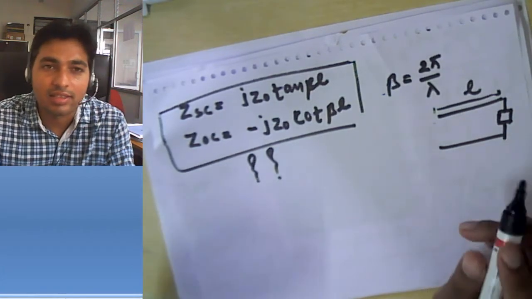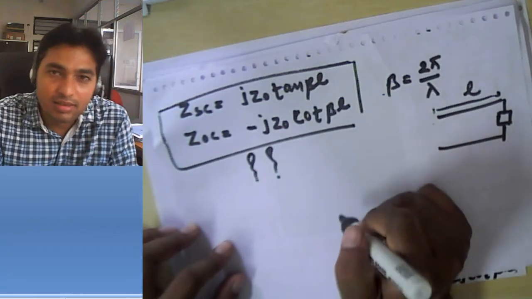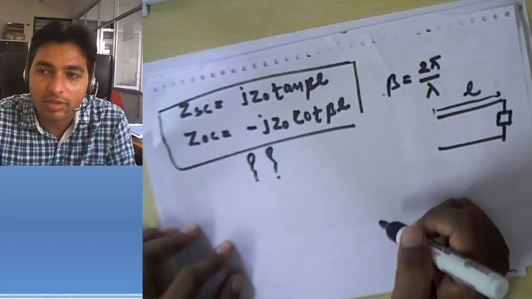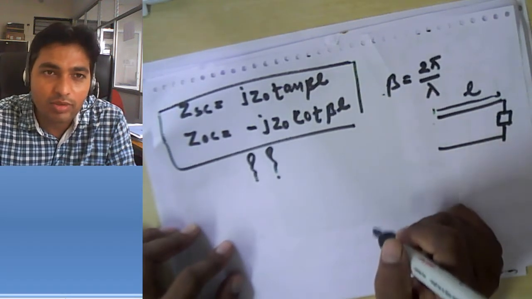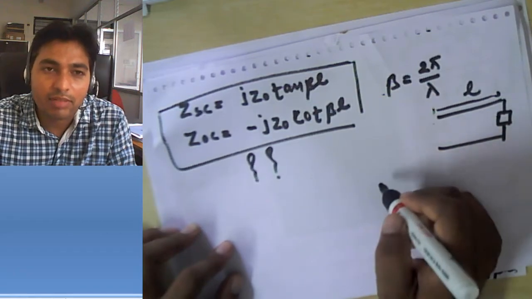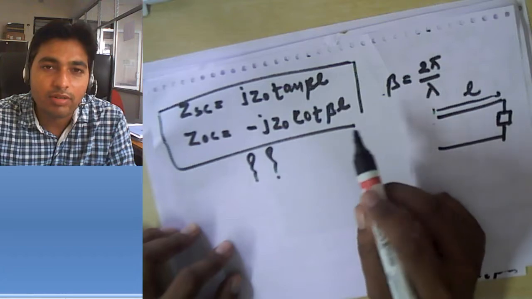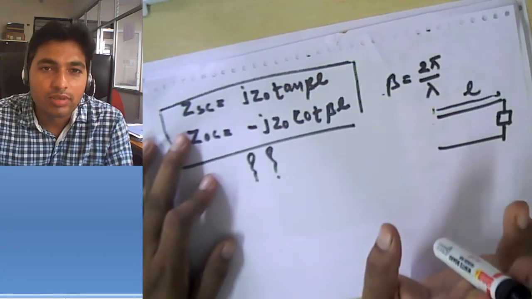Let us take βL equal to 0. So sine 0 divided by cos 0. Sine 0 is 0 and cos 0 is 1, so 0 divided by 1 is 0. So for βL equal to 0, the tan term will be equal to 0.